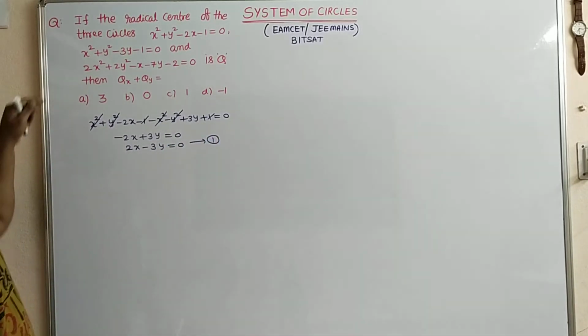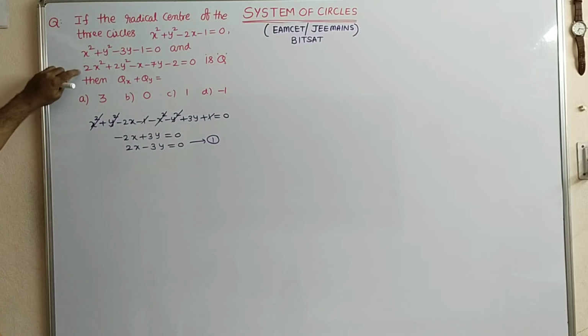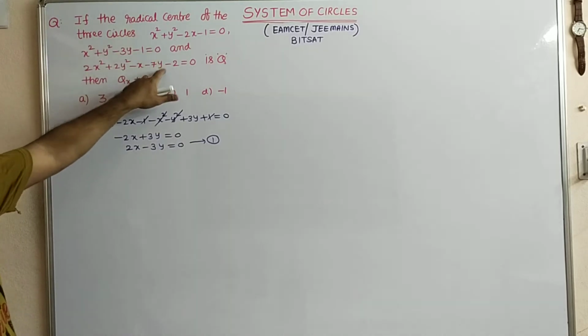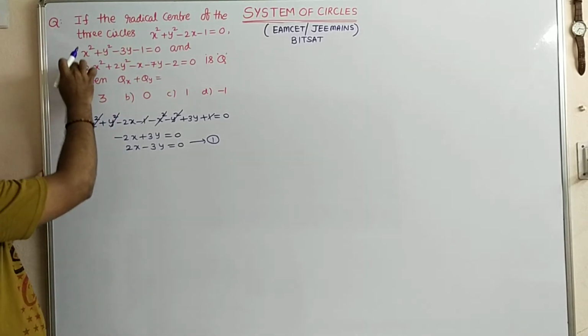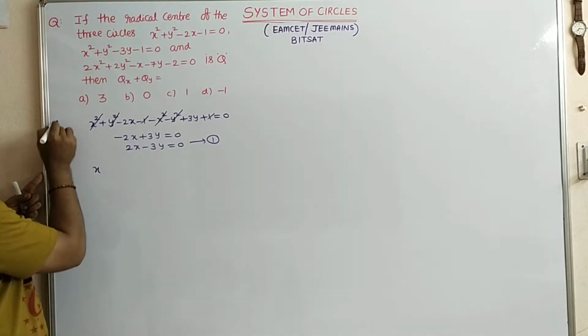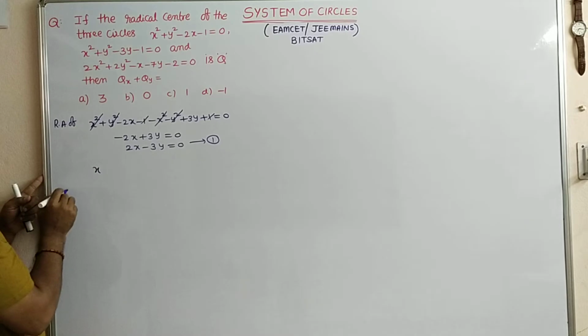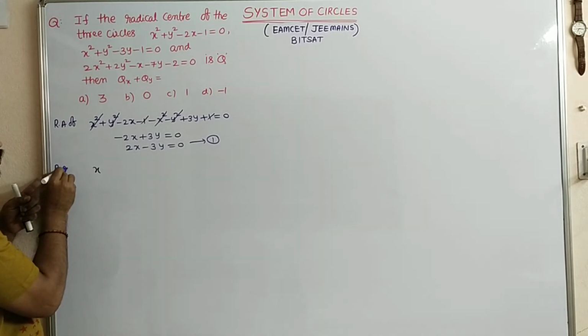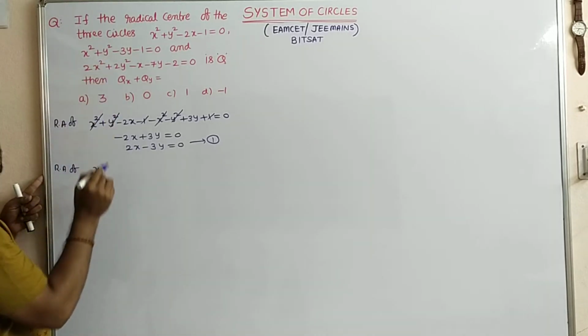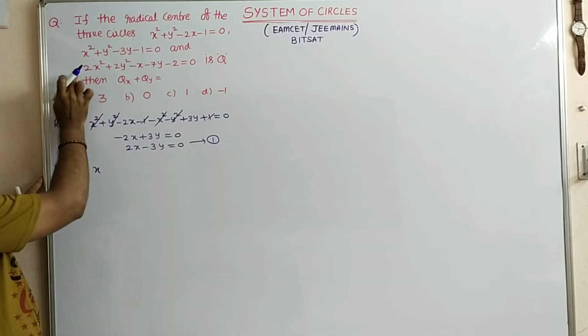And the radical axis of either this equation or this equation. So now I am taking these two: the radical axis of 1 and 2, it is the first and second circle, and the radical axis of 2 and 3. The first circle is in general form, the second circle is in general form.